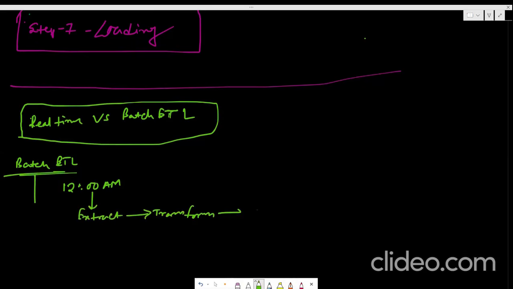Then load. After loading, suppose from 4 a.m. the data is getting loaded. If it is huge data, it might take 2-3 hours. And after data loading, at 6 a.m. the data is available.